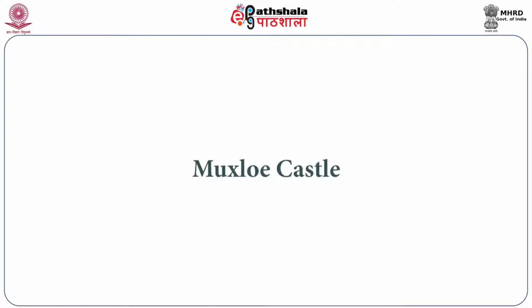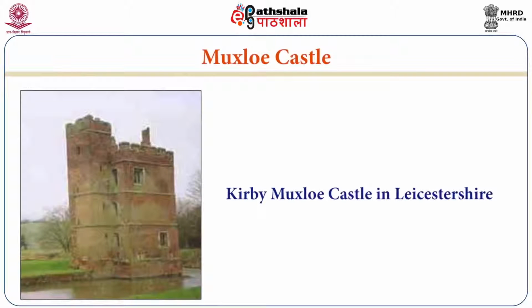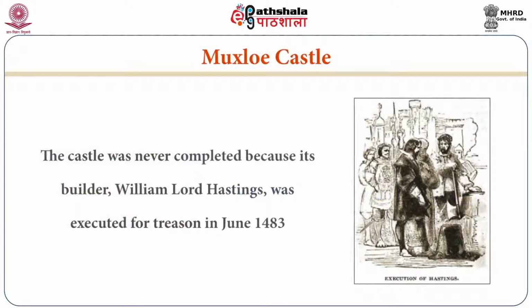Friends, on the screen you have Kirby Muxloe Castle, the keep of Kirby Muxloe Castle in Leicestershire. The castle was never completed because its builder, William Lord Hastings, was executed for treason in June 1483.